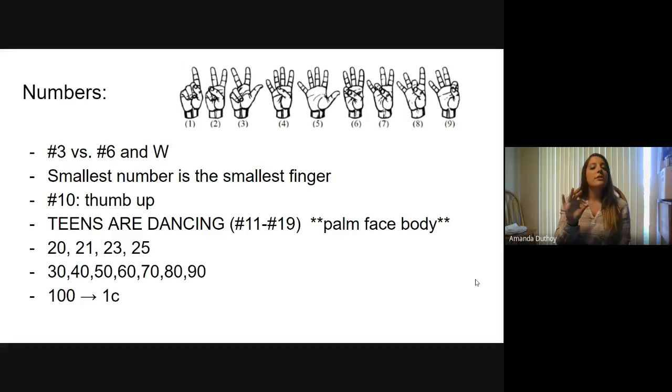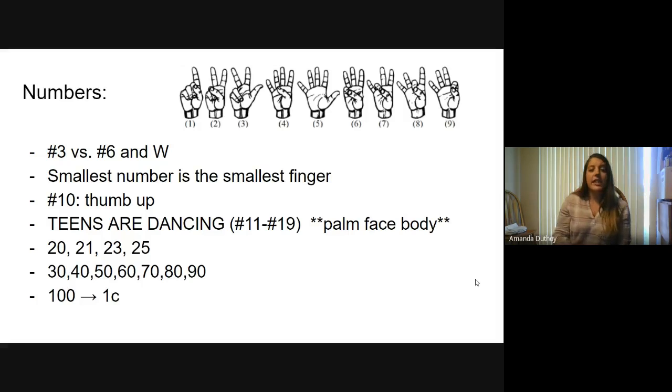7, 8, 9. For those, I like to remember it by the smallest numbers starting with your smallest finger. So number 6 is at your pinky. I like to remember that because it's the smallest number, smallest finger, your little pinky. So 6, 7, 8, 9, and then 10 is that thumbs up.